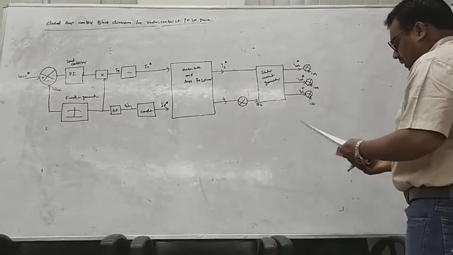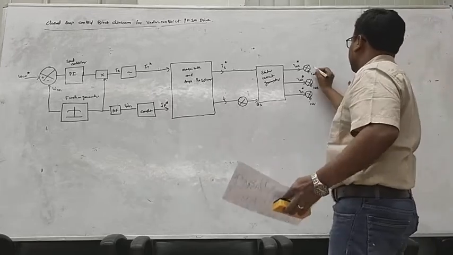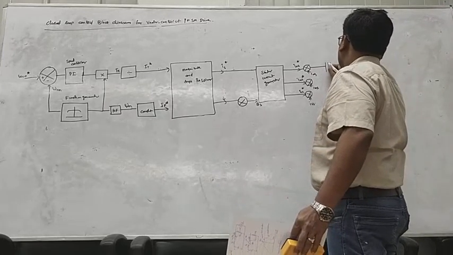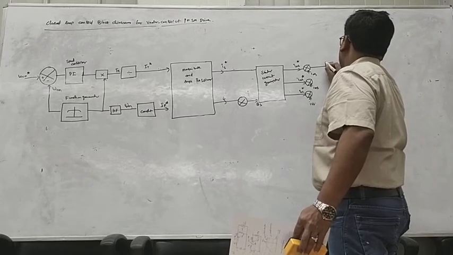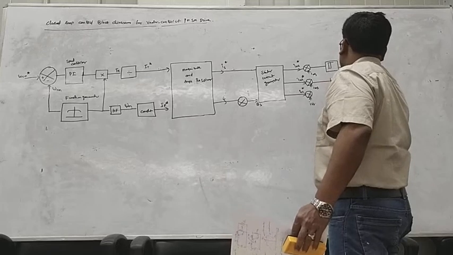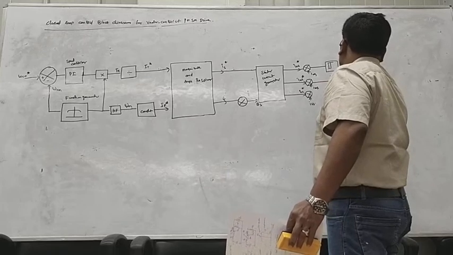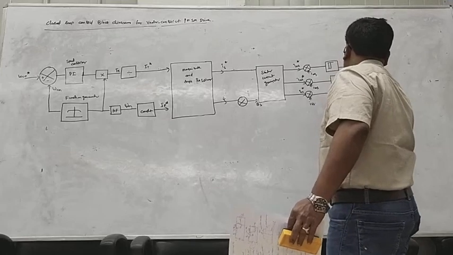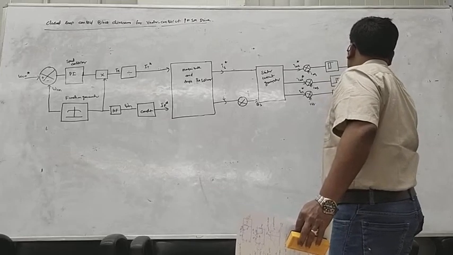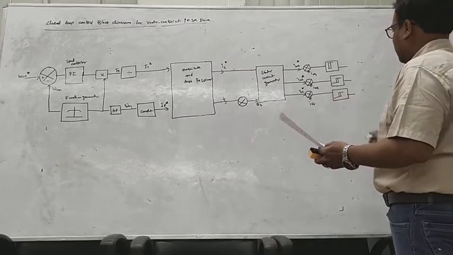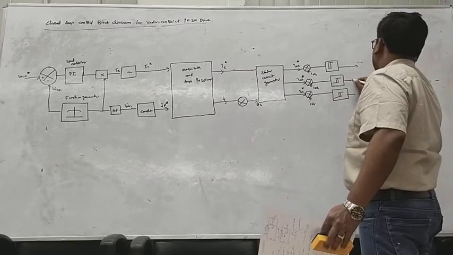Okay, so now here is the hysteresis current controller. This block is again the hysteresis current controller block. And this is going to the gate signals.